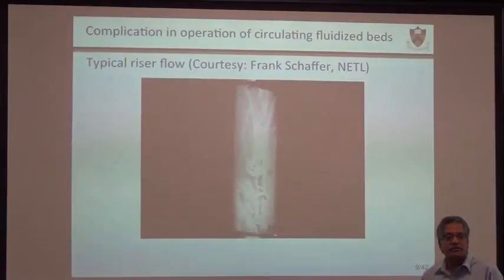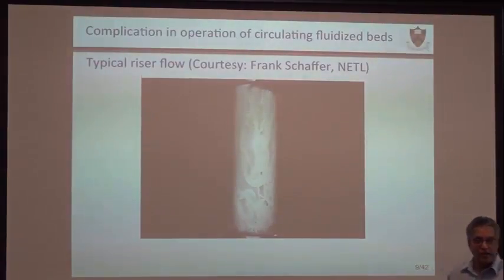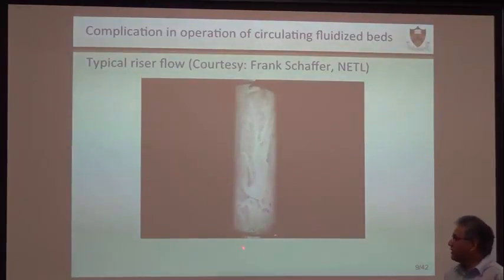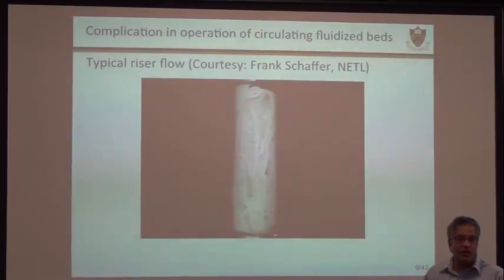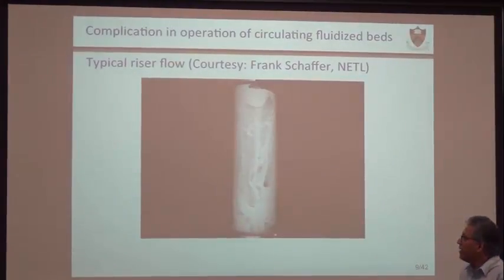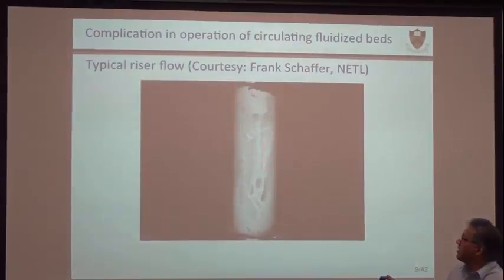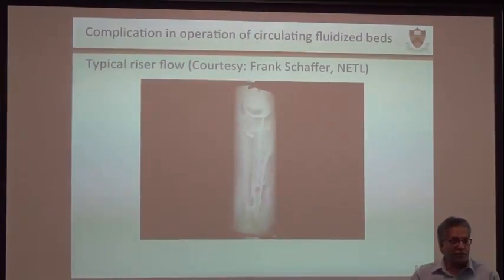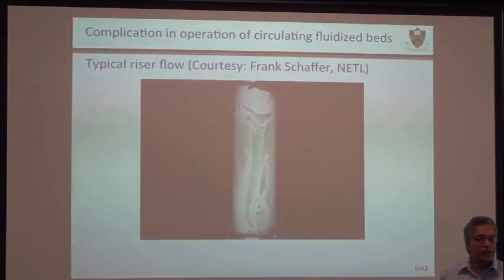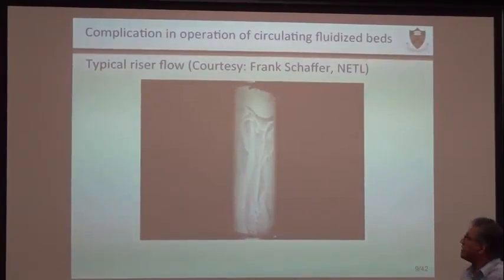That is the circulating fluidized, or fast fluidization, regime. Keep in mind that the net flow of gas and particles is going up. But we can see that near the wall they are actually falling down. So they go up in the center and fall down at the wall. There is a big degree of internal refluxing of the solids going on.